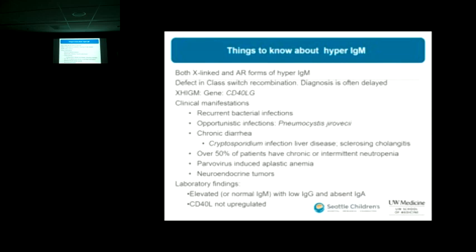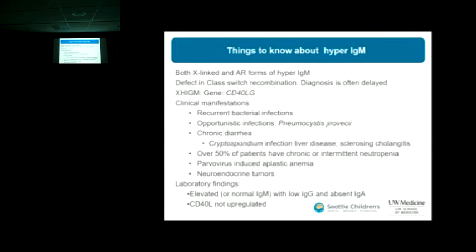These kids present with bacterial infections, but importantly, opportunistic infections. So you need CD40 ligand on T cells to activate macrophages to clear Pneumocystis. These patients also get Cryptosporidium. They get some intermittent neutropenia, and importantly, they get neuroendocrine tumors.